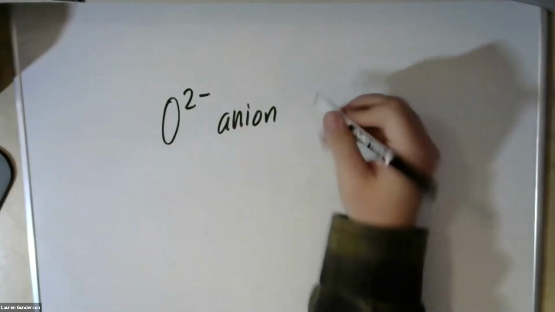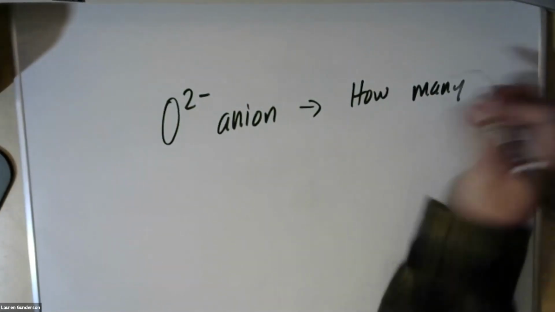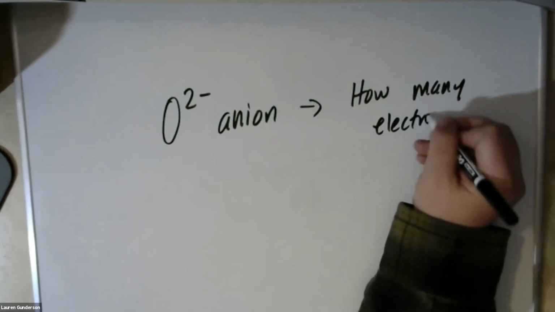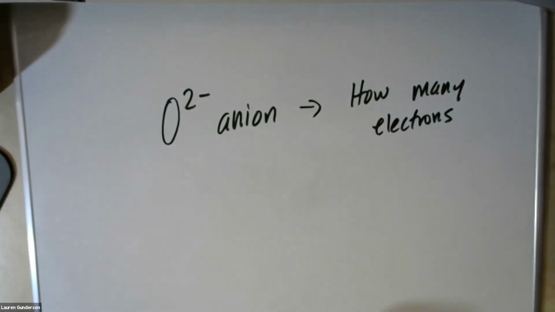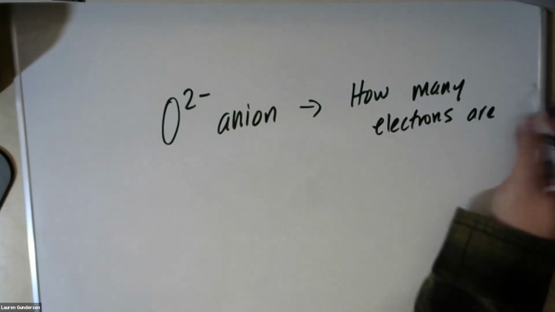Okay, so when you're trying to figure out how many electrons are present, you have to look at the relationship between the protons and the electrons in any of the ions that you're looking at.